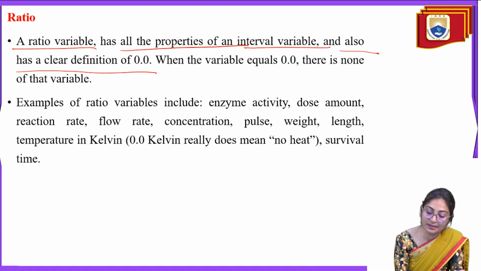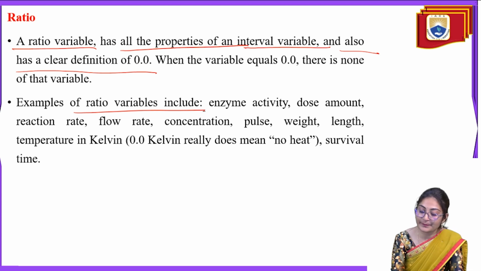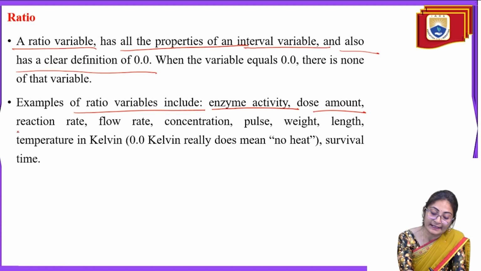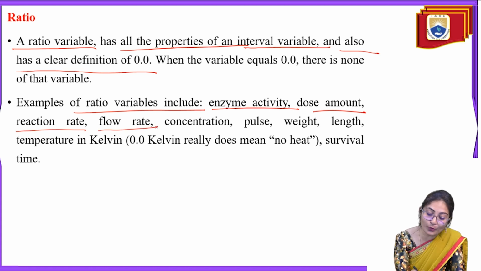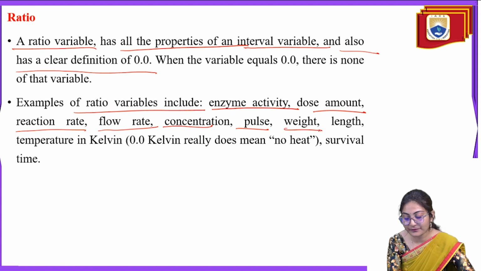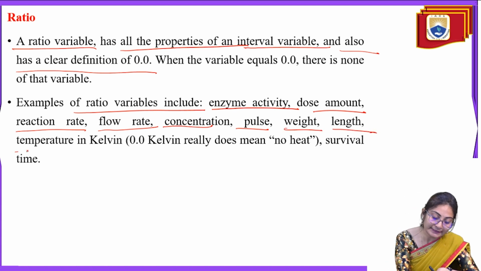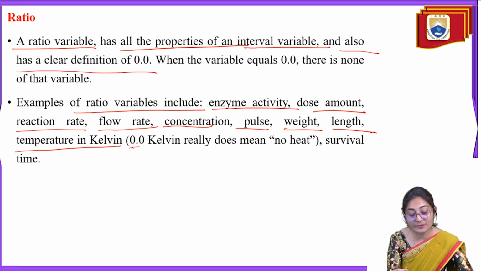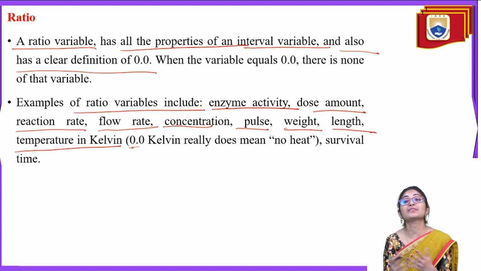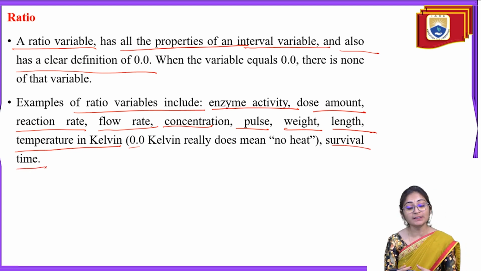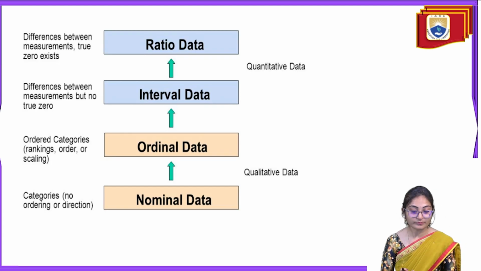For example, ratio variables include enzyme activity, dose amount, reaction rate, flow rate, concentration, pulse, weight, length, temperature in Kelvin. 0.0 Kelvin means there is no heat, and survival time. So this is the ratio variable.